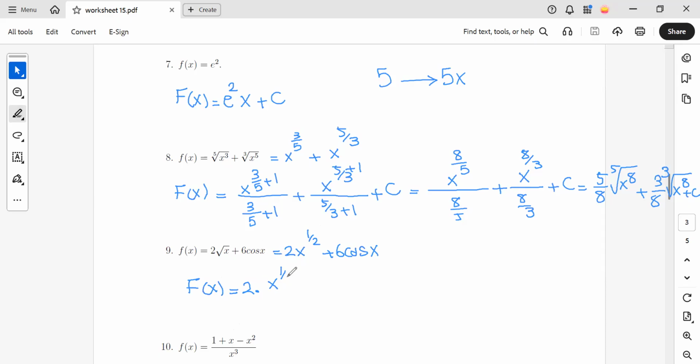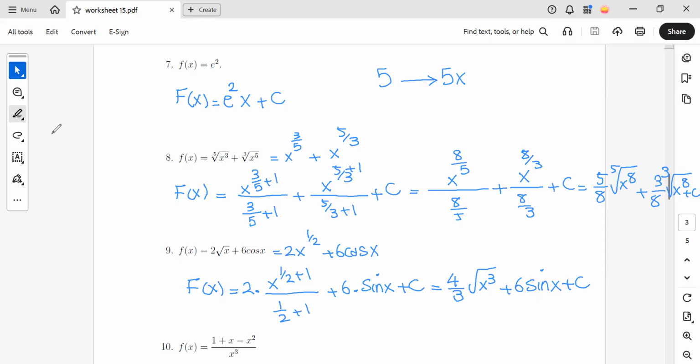So this is 2 plus 1 over 1 over 2 plus 1, with 6 as the coefficient. Keep it here, and antiderivative of cosine is sine of x plus the constant c. After simplifying, you would get 4 over 3 square root of x cubed plus 6 sine of x plus c.